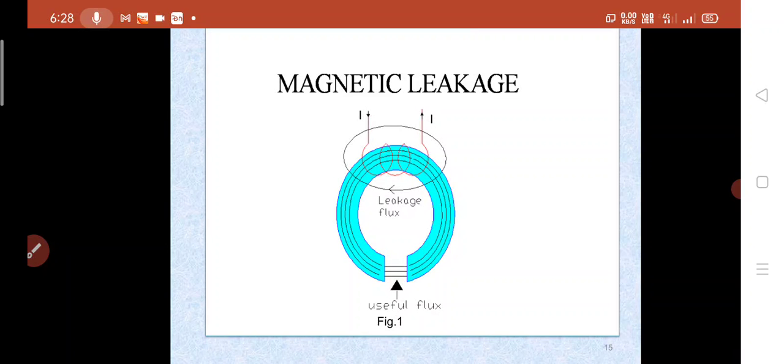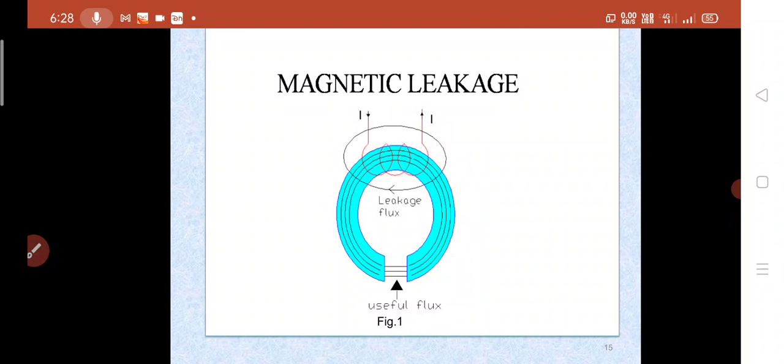The flux produced by the magnetizing coil must take its path through the air gap.